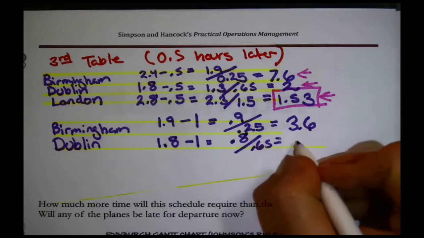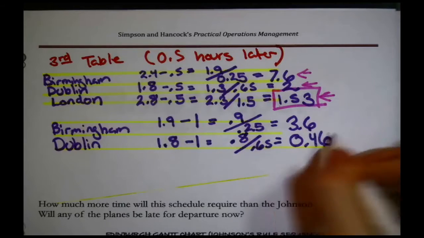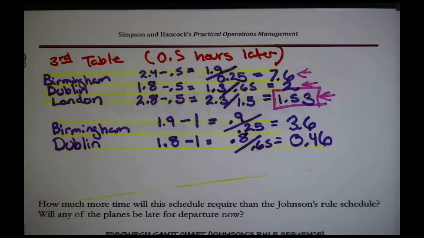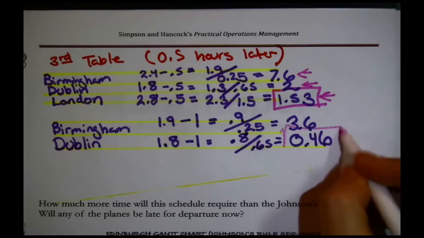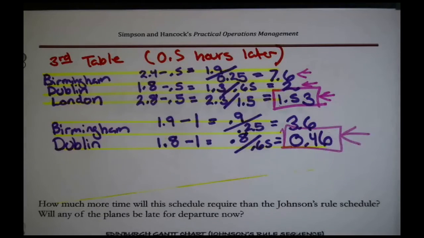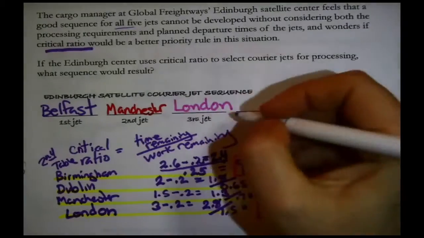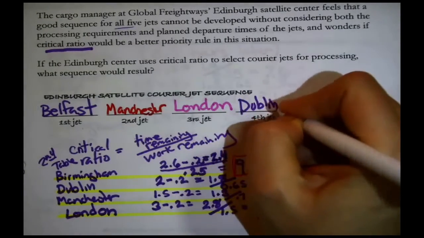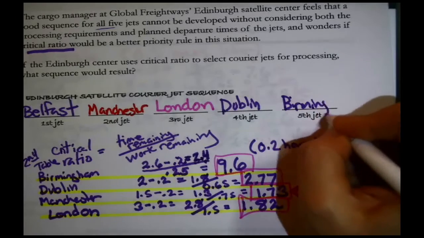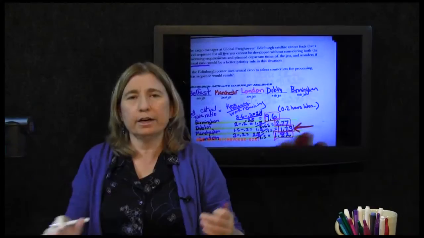So I get 0.46. That's definitely smaller of the two. That just decided the sequence. Dublin. And then, you don't have to update the ratio again. Birmingham is the only one left over. It gets put on the end.